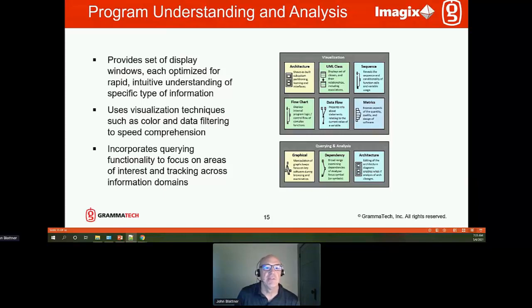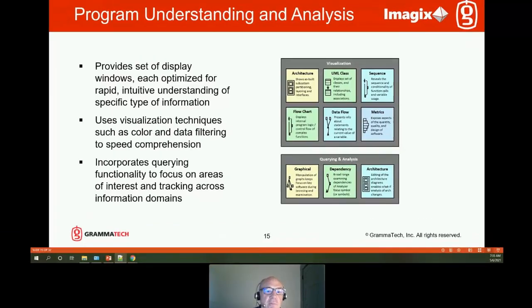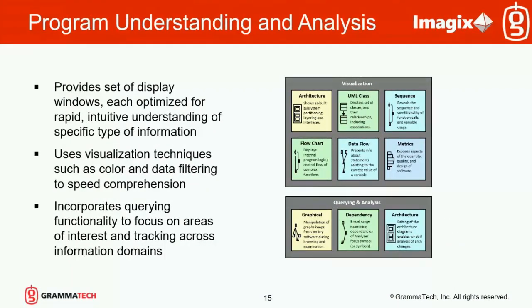These views span the range from high-level architectural abstraction to class and function dependencies, all the way down to details of the program logic of individual functions. The second half, the querying and analysis, complements this. It's the ability to focus that visualization on the relevant portions of your software and to modify that focus to follow up as new questions occur to you.